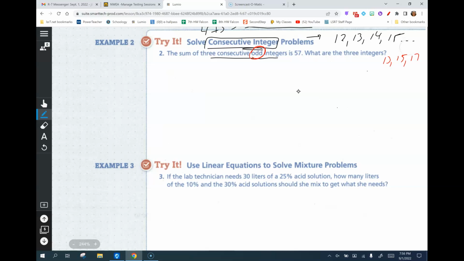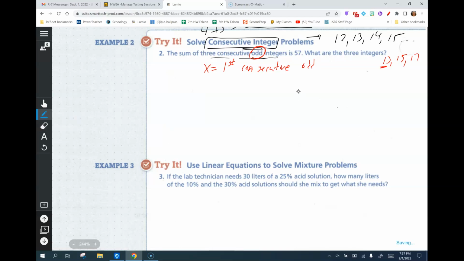So I need to symbolize those integers. If I say x is equal to the first consecutive odd, okay, let's pretend like that's 13.